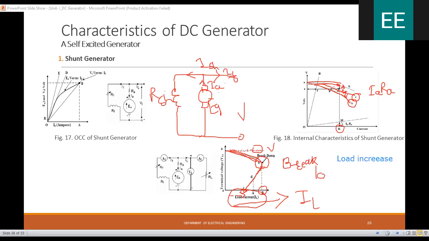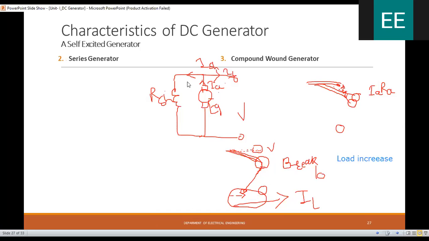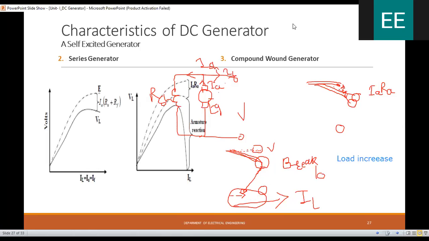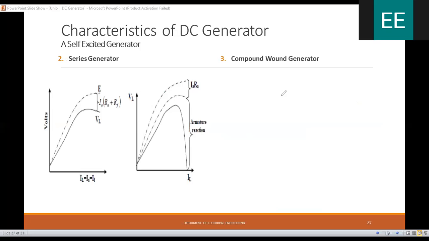Now we will start the next characteristics, that is series motor characteristics. Series generator, sorry, characteristics of DC series generator.